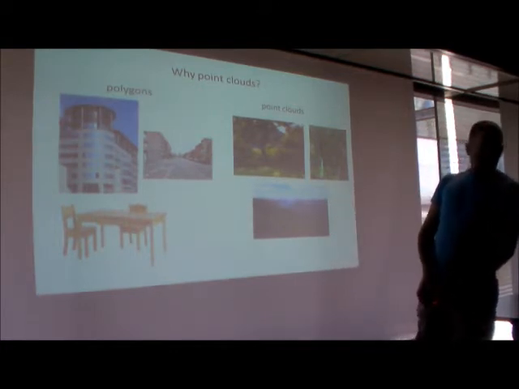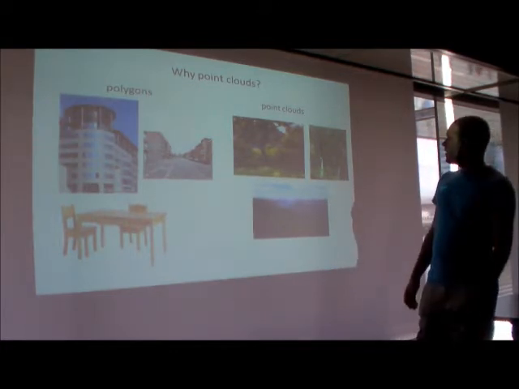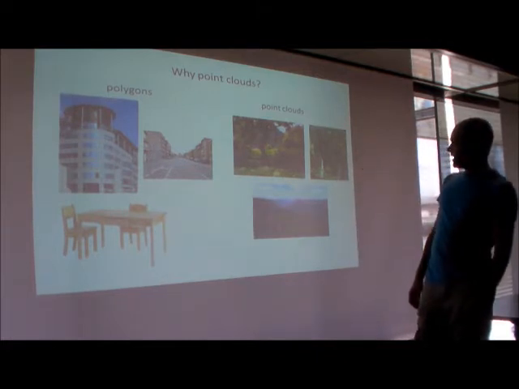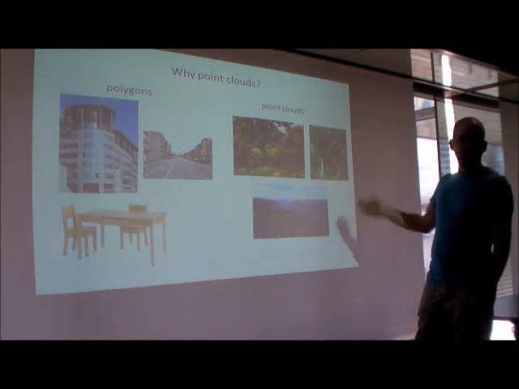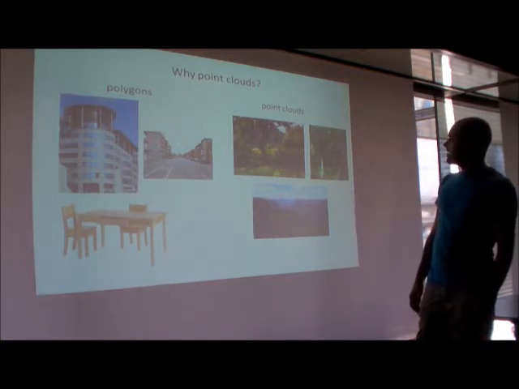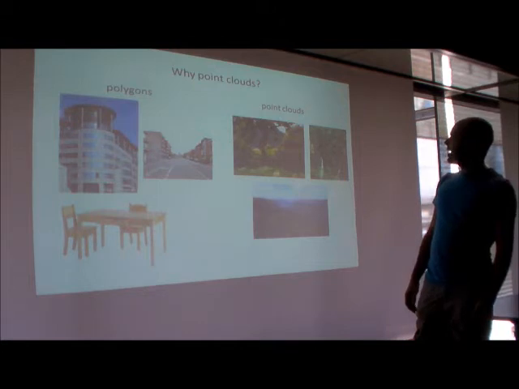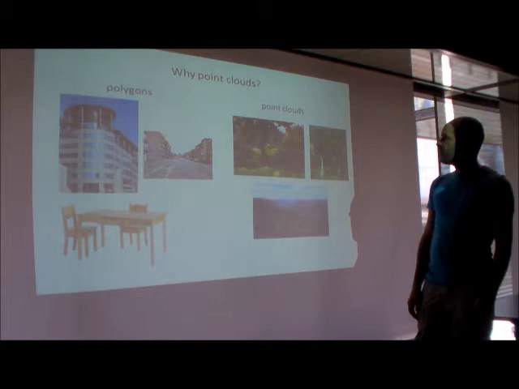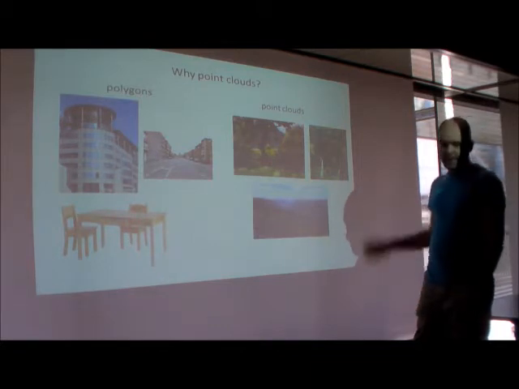Might not be able to see that well, but just really messy, fuzzy kind of natural scenes where there are very few actual surfaces you can see, and rendering individual polygons doesn't really help you much compared to rendering points. So it's for this sort of terrain that point cloud renderers seem to be most advantageous.